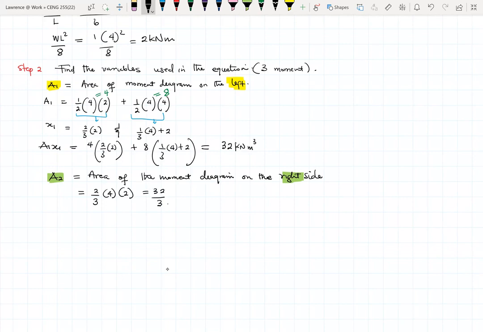Then our x2 here will be half of the base, because this is a semicircle.